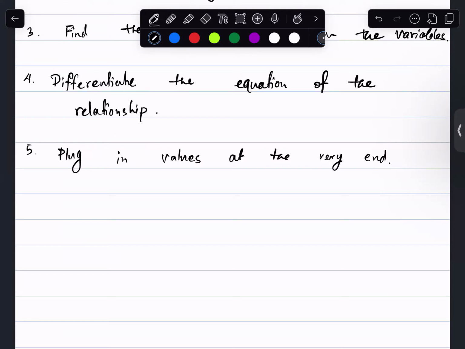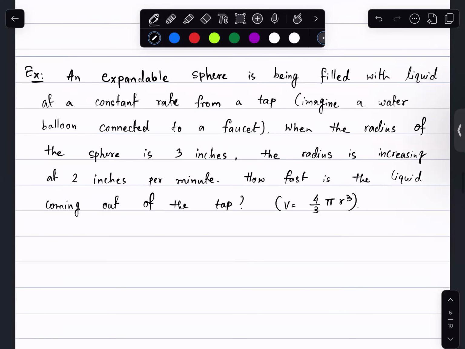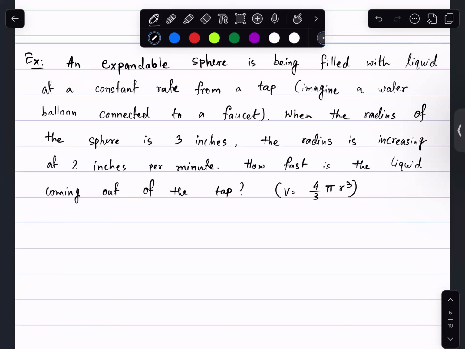Okay. So let me do an exercise to better explain that. So suppose you have an expandable sphere which is being filled with liquid at a constant rate from a tap.